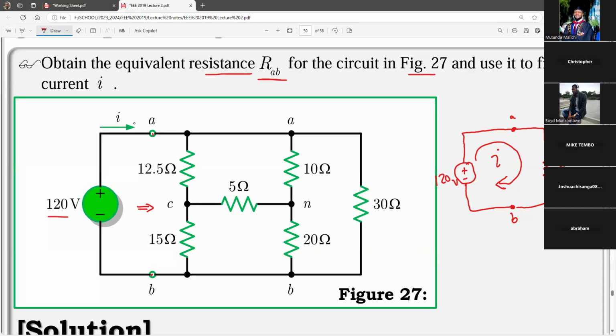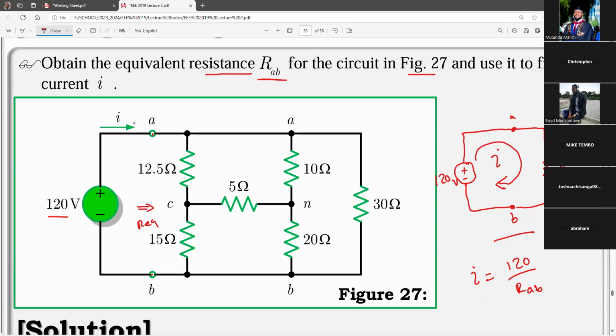So you first have to find what this REQ is, and then redraw the circuit in the manner that I've shown here, and then calculate I as equal to 120 over RAB. So now, for you to do that, come and sit here. You look at 12.5 and 10. They are not in parallel.